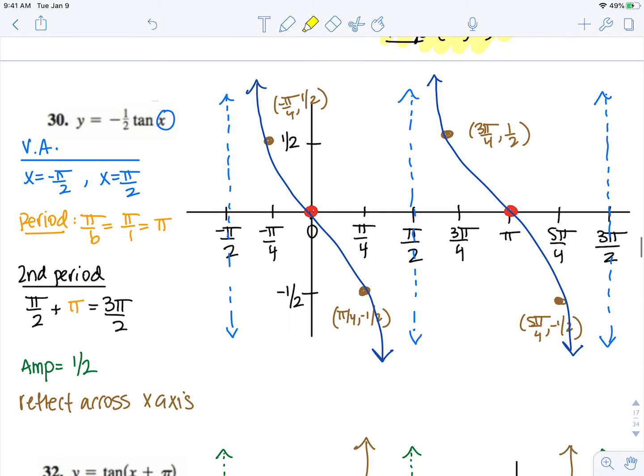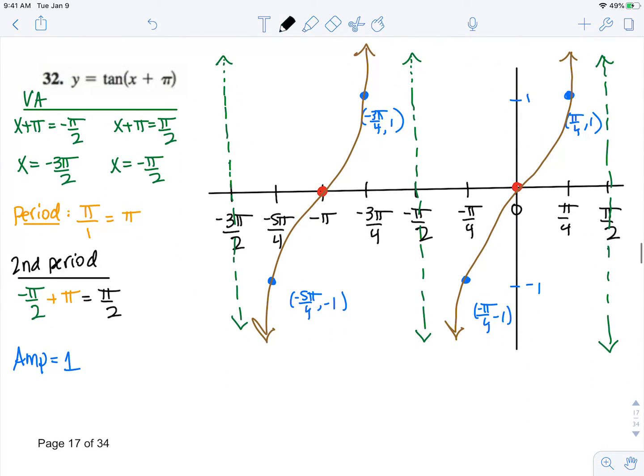On number 30, for our domain, we know x cannot equal that very first vertical asymptote plus multiples of our period, because every multiple of the period gets us a new vertical asymptote. And our range is negative infinity to infinity.